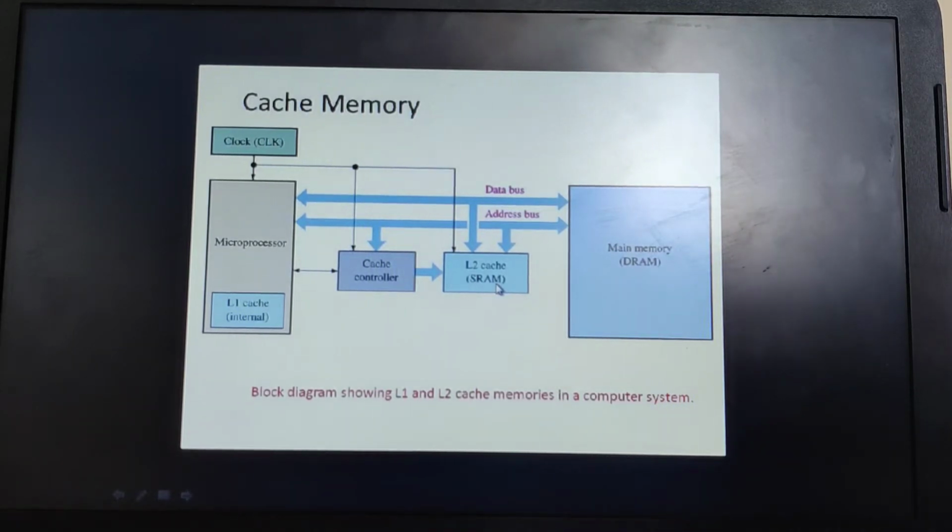Okay, and this SRAM makes use of multiple transistors, almost 4 to 6 transistors, in order to construct one memory cell, and it is not using any capacitor. Since it is not using any capacitor, it does not need any kind of constant refreshing. Therefore, this static RAM is faster in data transfer with the microprocessor.